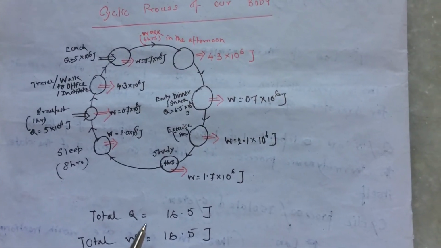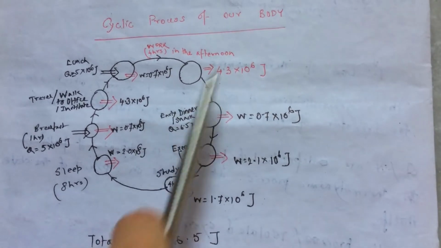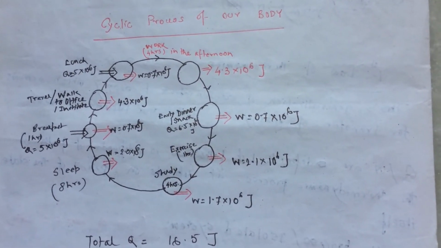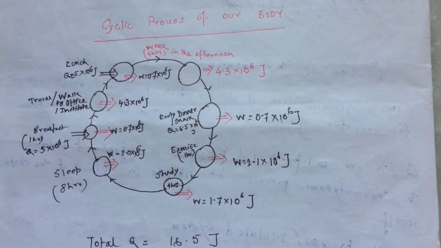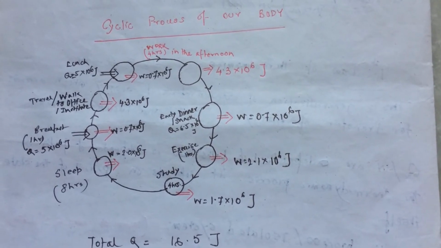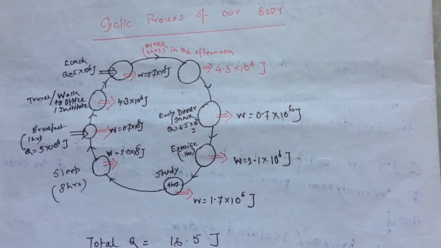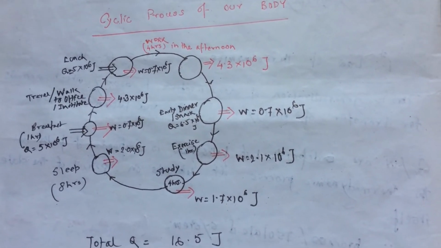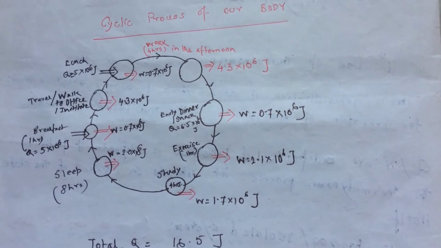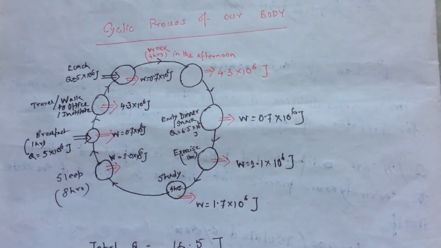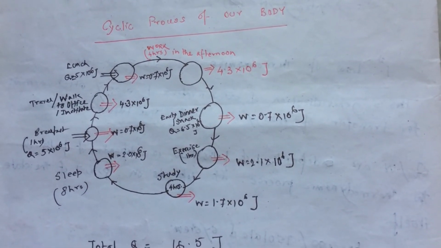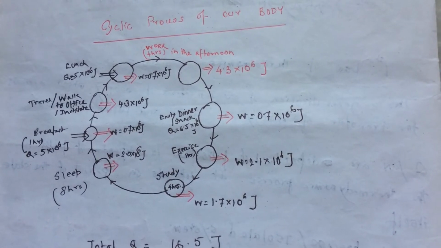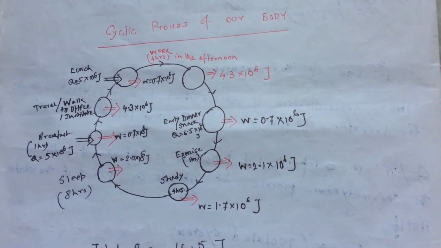Let's discuss the cyclic process with the help of our own body. The cyclic process says if Q equals W, that is, the energy I take in and if I spend that energy on doing work, then Q equals W, and there is no change in internal energy within myself.